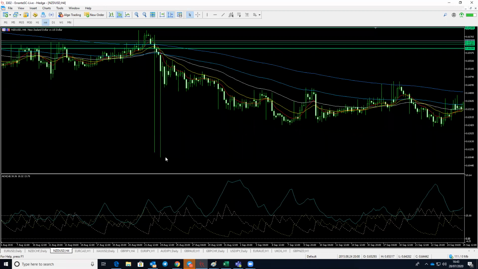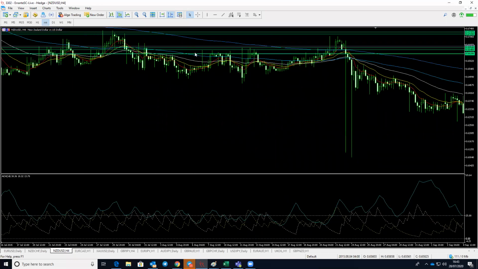So this is a very good sign as well, telling me that we have to be very careful of the breakdown to the downside, even though we are hearing a lot of news, trend and all that, NZD/USD bearish, bearish, bearish, but then this is not what we are getting.